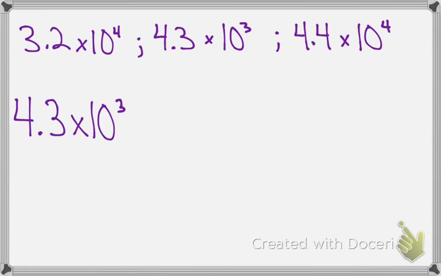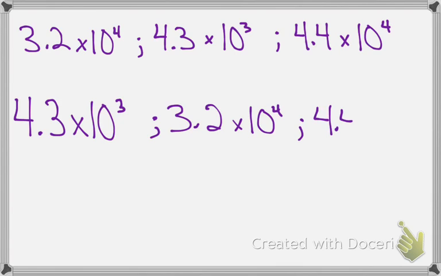All right, so now my other 2 is 10 to the 4th and 10 to the 4th. Okay, so now since there's a tie with the exponent, what do I look at? The actual decimal value. So then I go 3.2, because that's smaller, times 10 to the 4th, and 4.4 times 10 to the 4th.